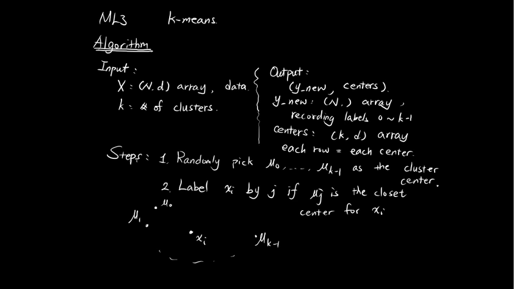Somehow there is a particular mu_j that is closest to xi, and in this case, we are going to label xi by j. So this is what I meant. You have k centers. All the centers may be far away from xi, and this one is the closest to xi. So we are going to label xi by j.